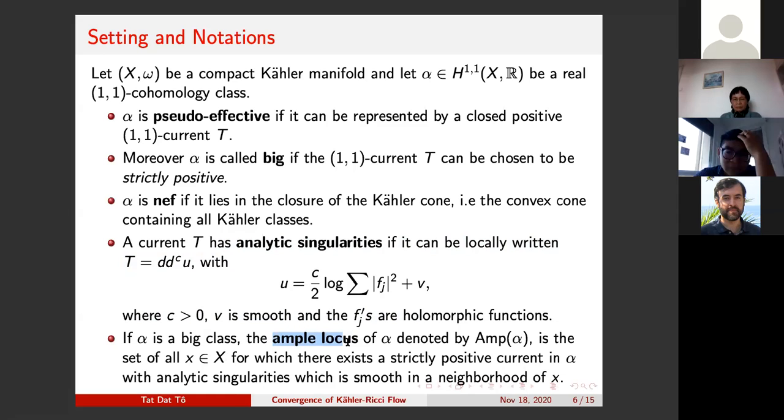I mean, the ample locus is an open Zariski set such that alpha looks like a Kähler class in this set. So in particular, when alpha is a Kähler class, not only big, the ample locus is exactly the whole manifold. Okay, so that's it for this part: the definition of positivity for (1,1) classes in a compact Kähler manifold.